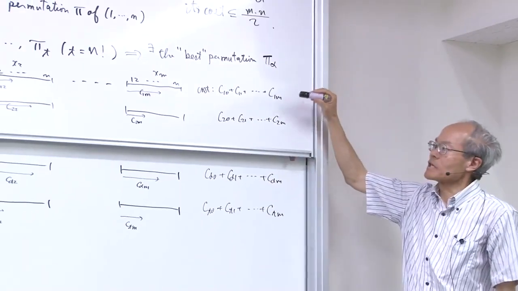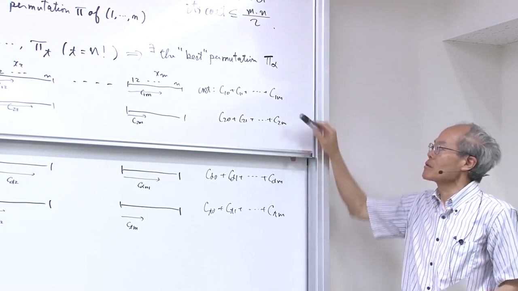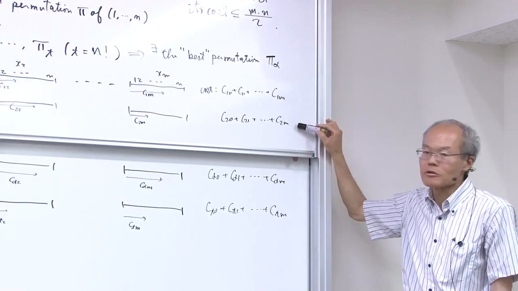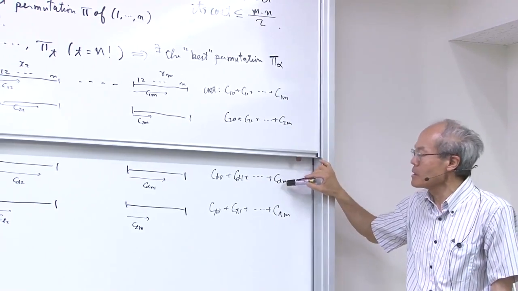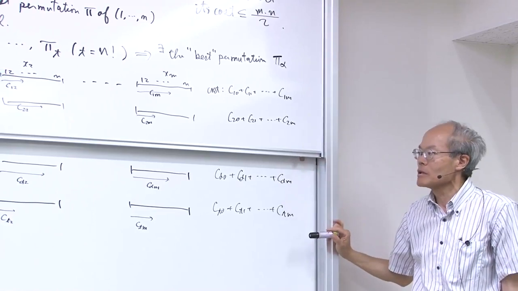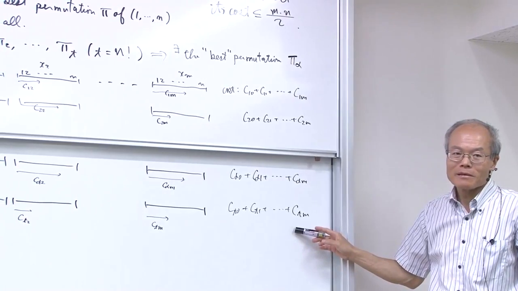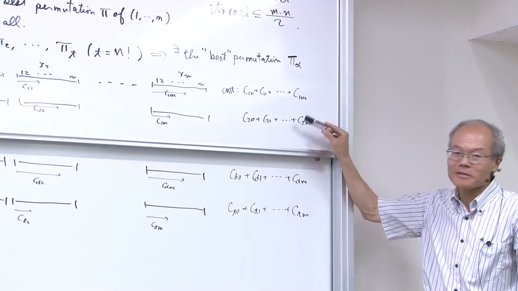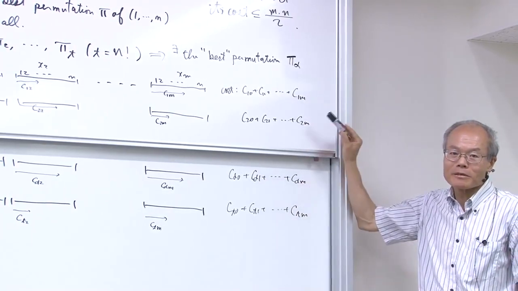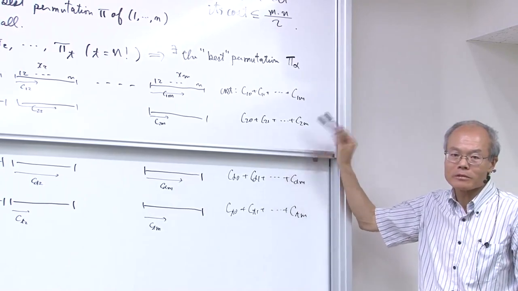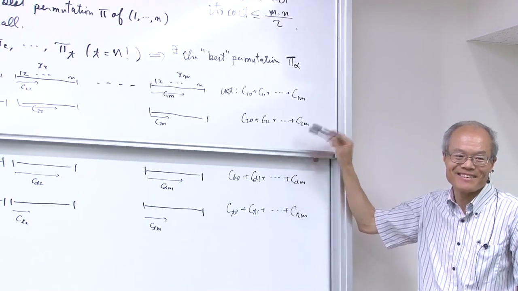This is the cost of permutation pi 1, pi 2, pi alpha, and the total cost of permutation pi t. We just look for the minimum cost among these t costs. Okay?